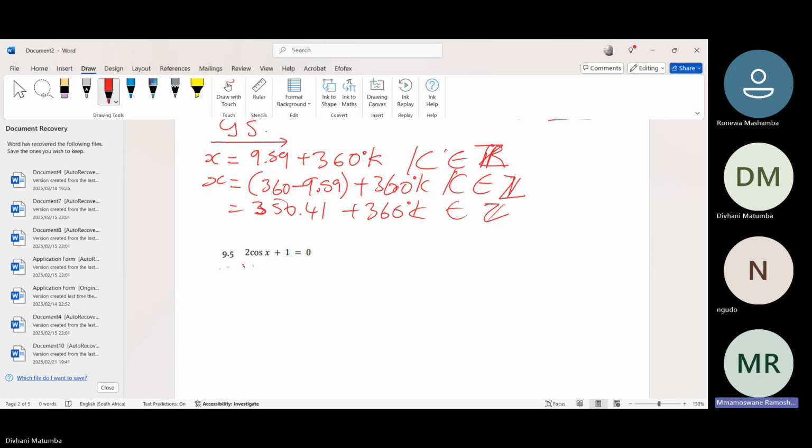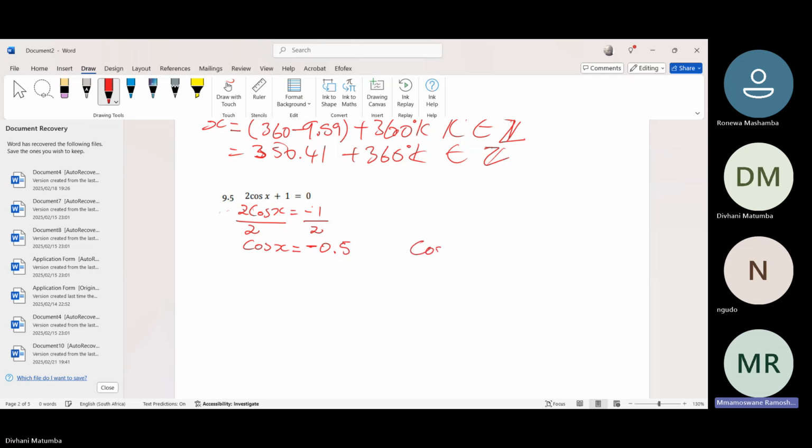Sir, should you not transpose 1 to the other side first? Perfect. It's going to be minus 1, and then divide by 2. Cos of x is given by minus 0.5.